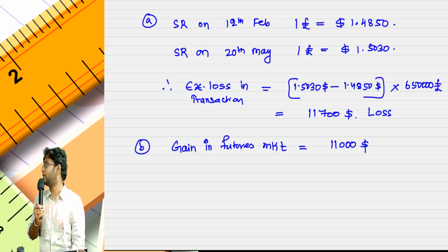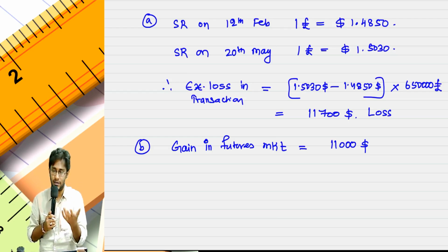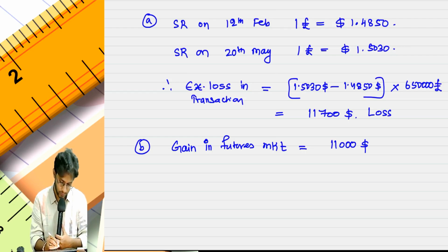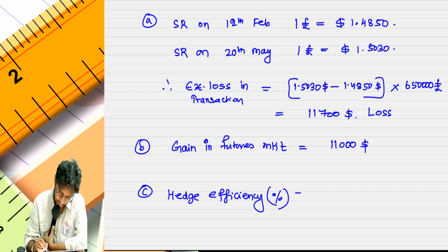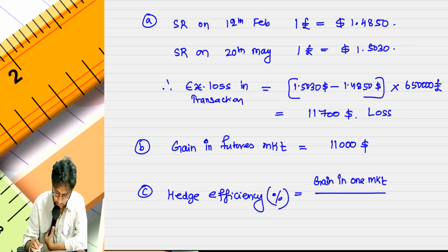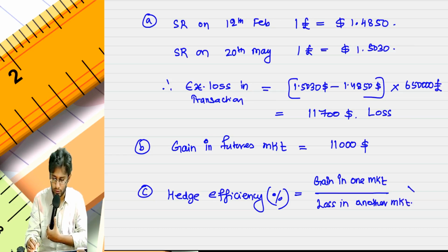He's asking hedge efficiency, means how efficient your hedging is. Percentage terms you have to work out. Hedge efficiency percentage is equal to, formula is like this: gain in one market divided by loss in another market into 100, of course.